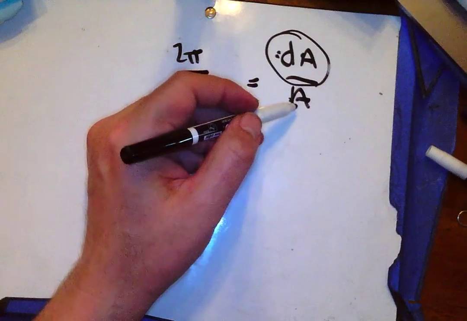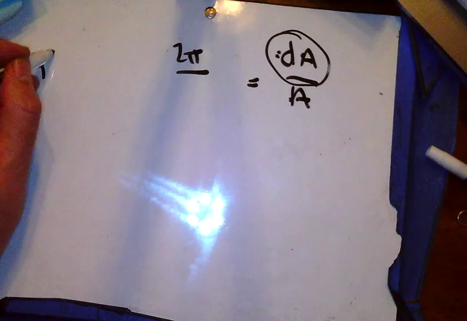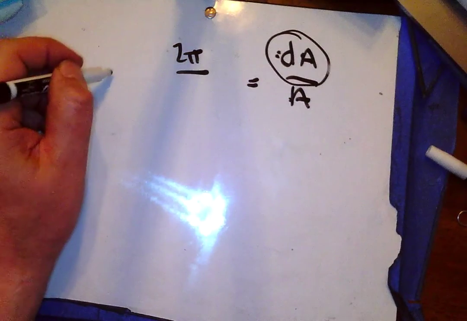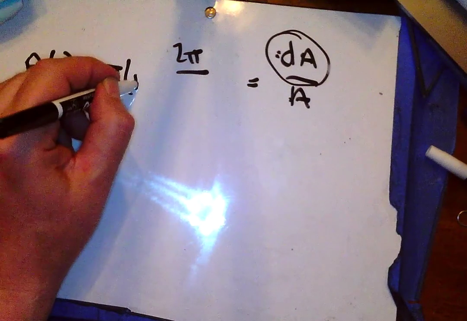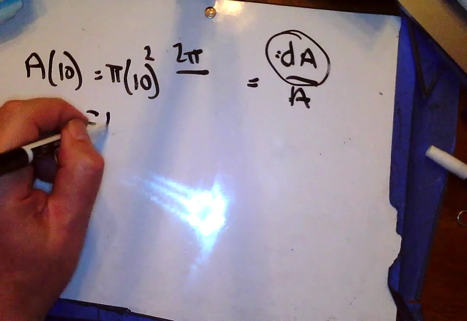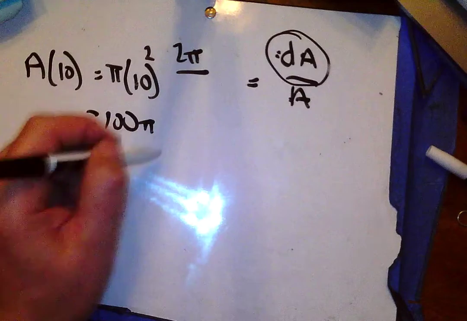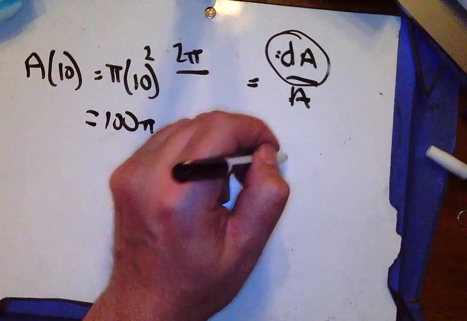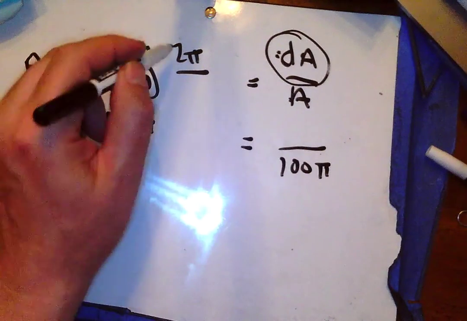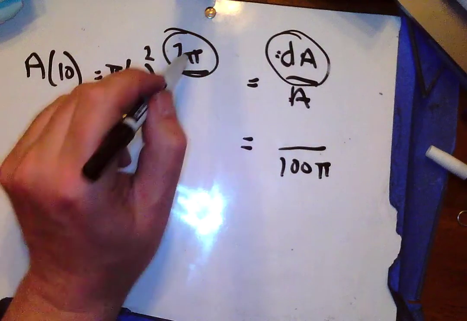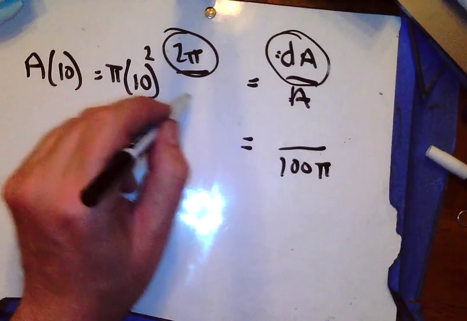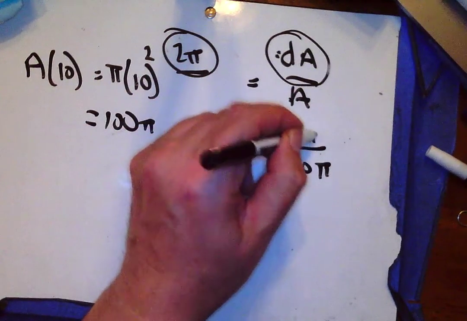What's the actual area of the circle when r equals 10? So we have pi 10 squared. Well, that's 100 pi. That's the actual area, 100 pi, and our approximate change in area as radius went from 10 to 10.1 is 2 pi.